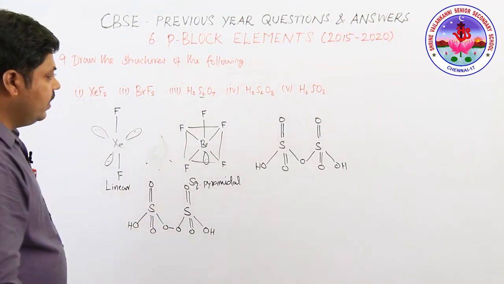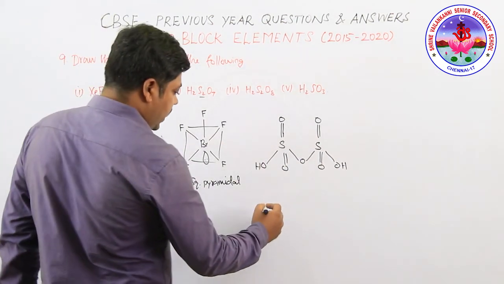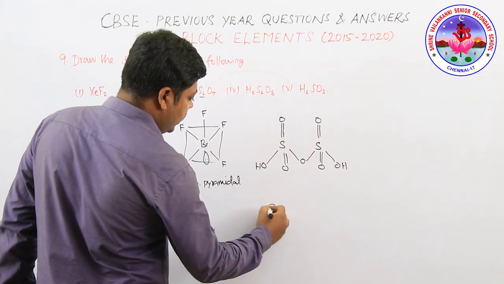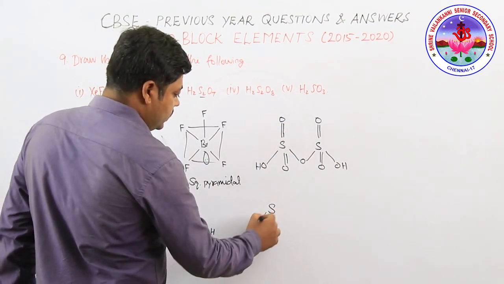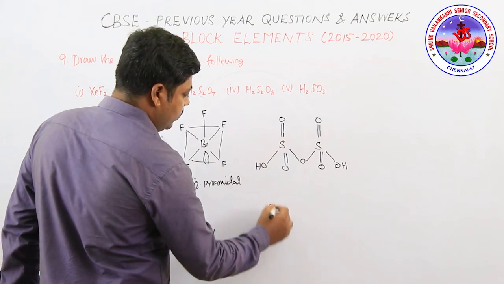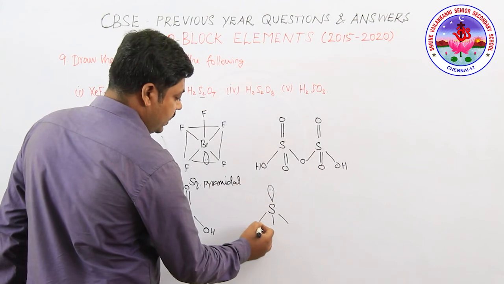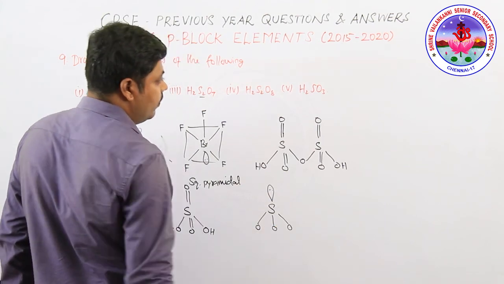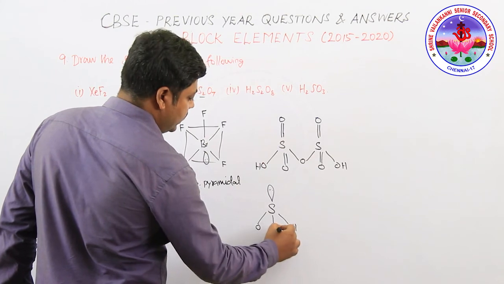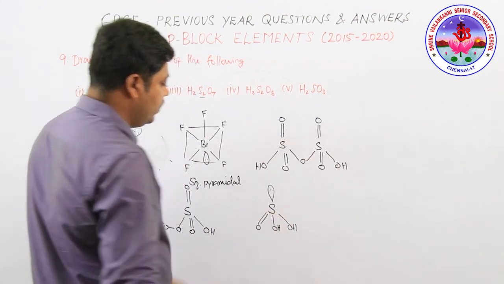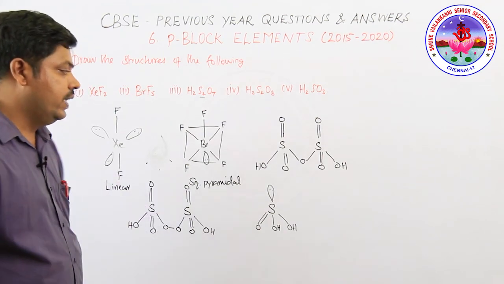Then finally H2SO3. So here write the central atom, the least one, sulfur. Then in a similar way, oxygen is 3. So sulfur has 1 lone pair of electrons. I am writing here the 3 oxygen. Then 2 hydrogen, just write like this, and the double bond. Now this is H2SO3.